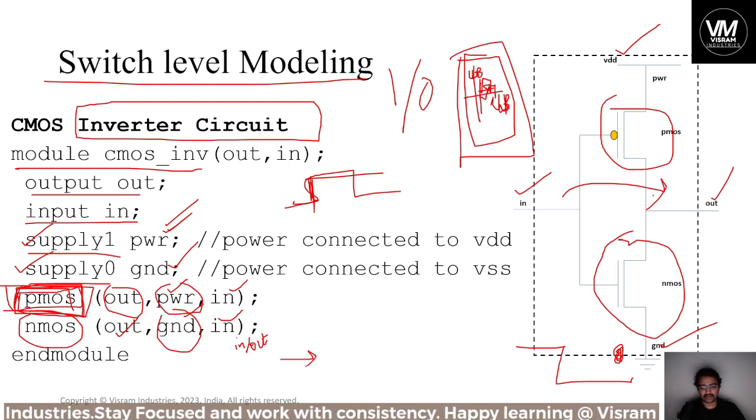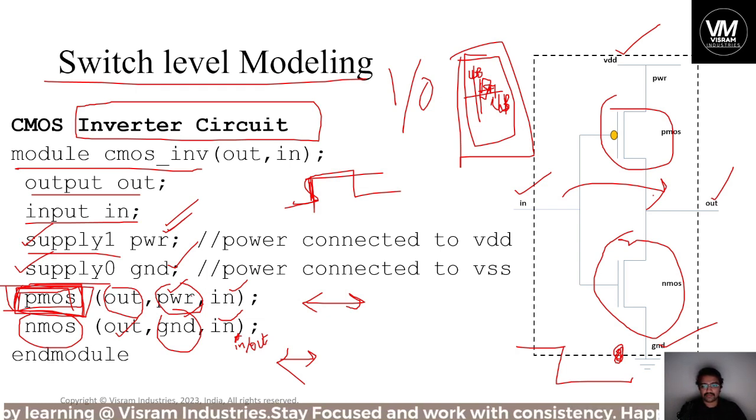So those are bidirectional. Hence for them you need not mention input or output. You can take it as inout, bidirectional. It can flow from and to. So output, power and inout.